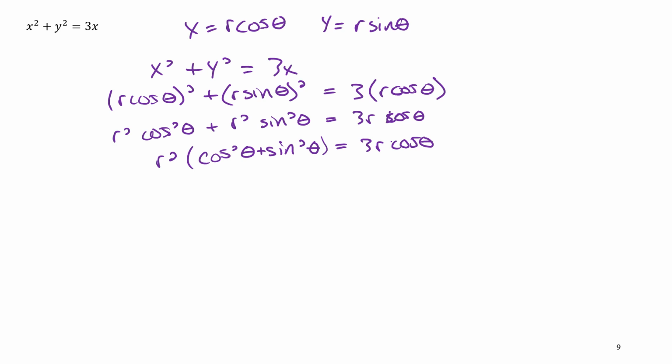If you know your trig identities, or if this looks familiar, cosine squared and sine squared when added to each other is equal to 1. So we can write r squared times 1 equaling 3r cosine. Then dividing an r from both sides, we are left with r is equal to 3 cosine theta.